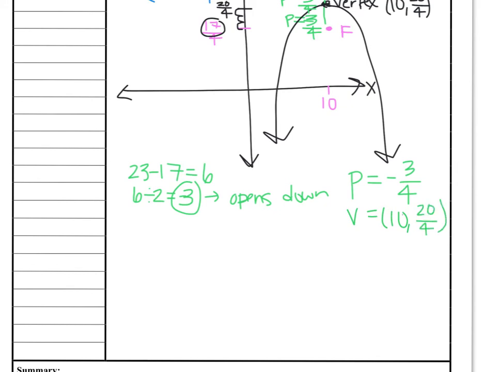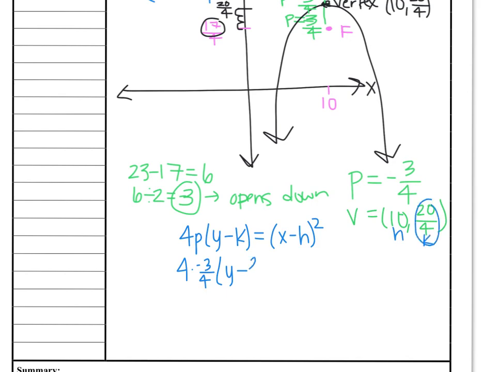Now we just go ahead and plug and chug into our formula. Okay, so our formula, let's start off by writing 4p, parentheses y minus k, is equal to x minus h squared. Okay, so 4 times our p-value of -3 over 4, parentheses y minus our k value, which is 20 over 4, parentheses equals x minus our h value, which is 10, squared.